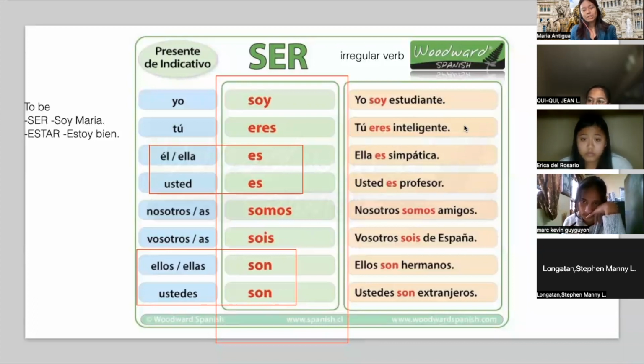Nosotros somos amigos. Vosotros sois de España. Ellos son hermanos. Ustedes son extranjeros.